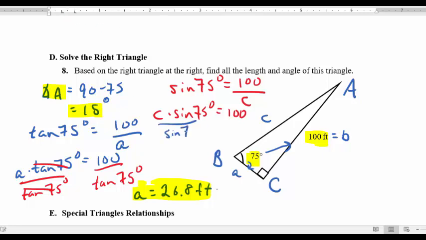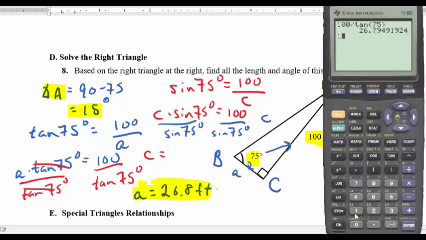So here we have 100 divided by the sine of 75. So there's our C. It's 100 divided by the sine of 75. But again, I'm going to put this in the calculator, and that's going to give me 103.5.